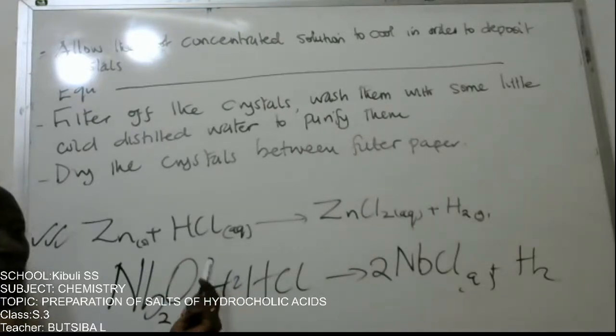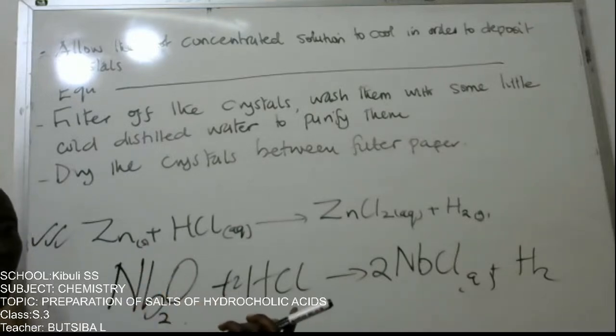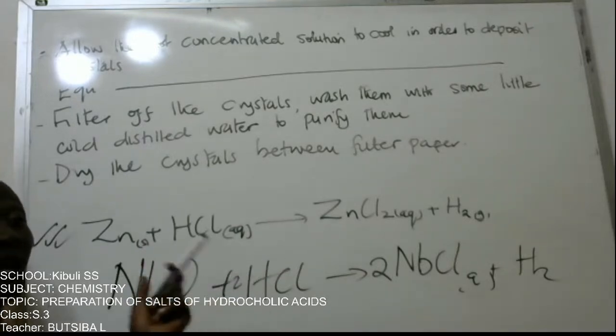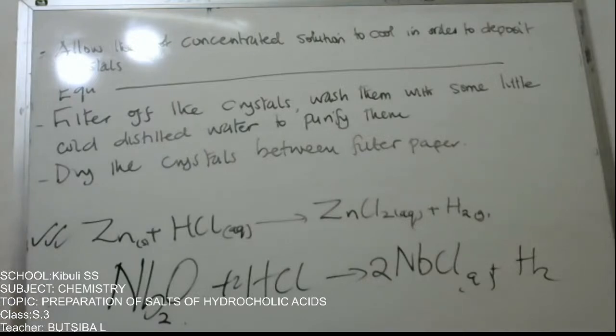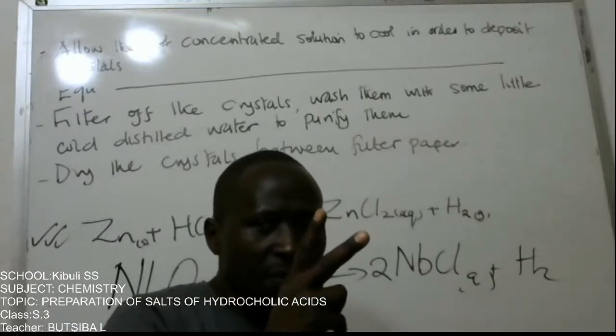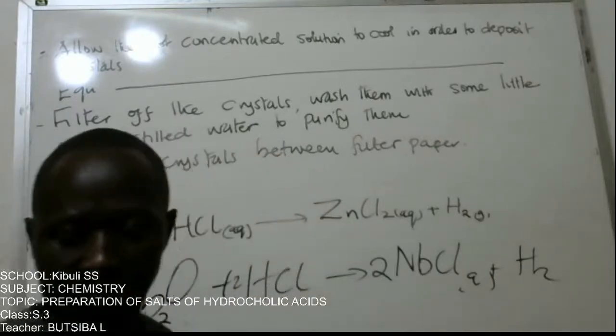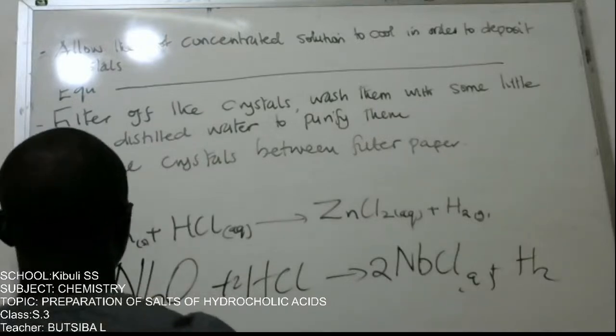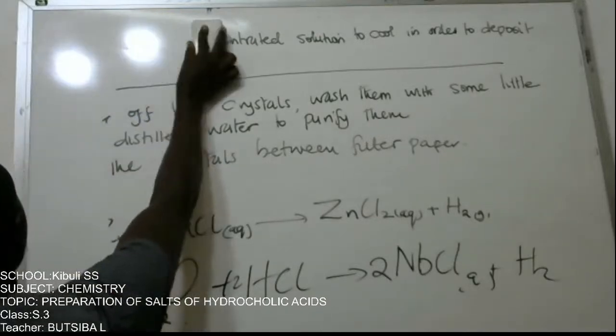There is also a method called titration. We shall see when we use titration as a special method of preparing salts. So this method is very good for salts of group 2 rather than group 1. So we are through with this method.